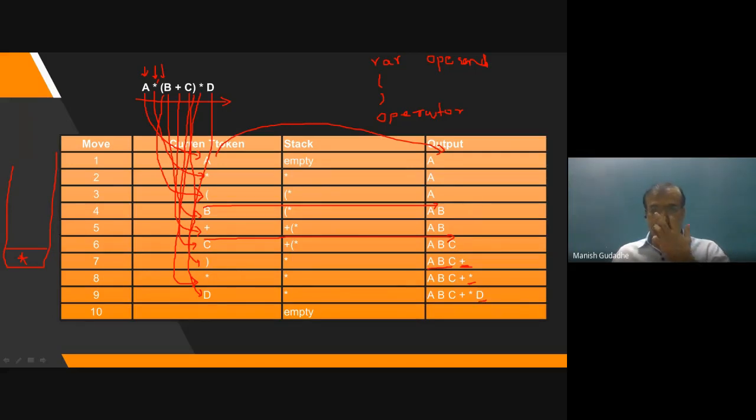Push it onto the output. And now the expression is over. Then what you do is pop off all the elements from the stack, so they will appear in reverse order. There is only one element in the stack, so it will be moved to the end at this moment, and the stack will be empty. So this is your postfix expression which we got from the stack operations, step by step.